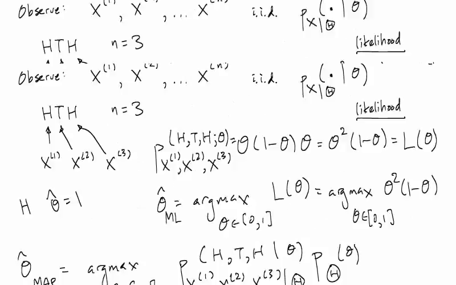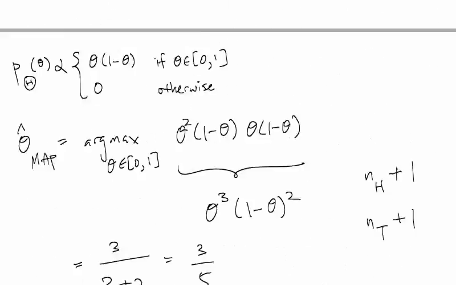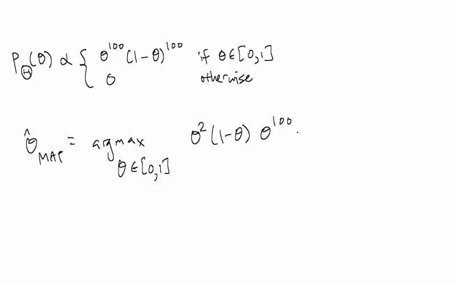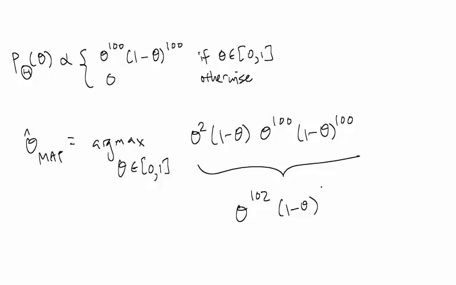Again, with the observed sequence heads, tails, heads, the MAP estimate is going to be argmax over theta of the likelihood, which is theta squared times 1 minus theta, times this theta to the power of 100 times 1 minus theta to the power of 100. Okay, and this thing is going to be theta to the power of 102 times 1 minus theta to the power of 101.